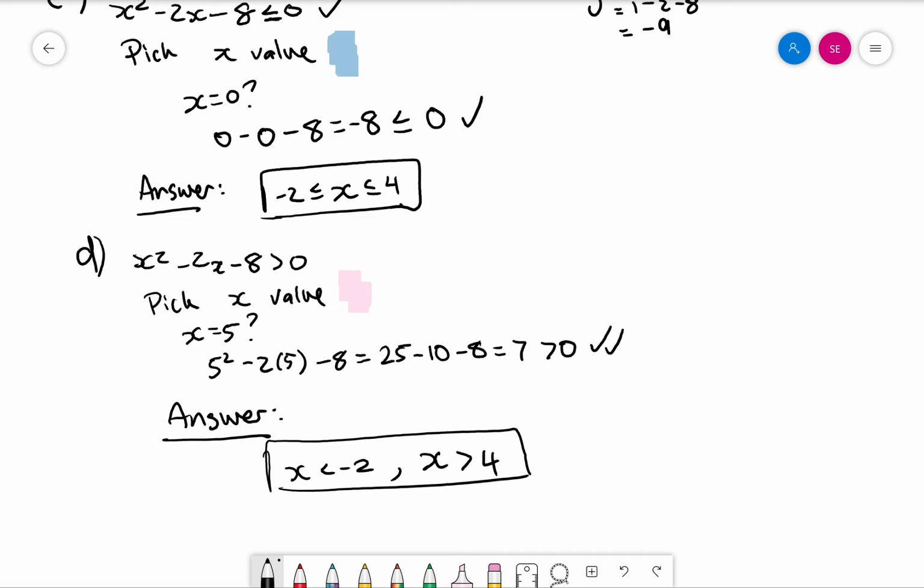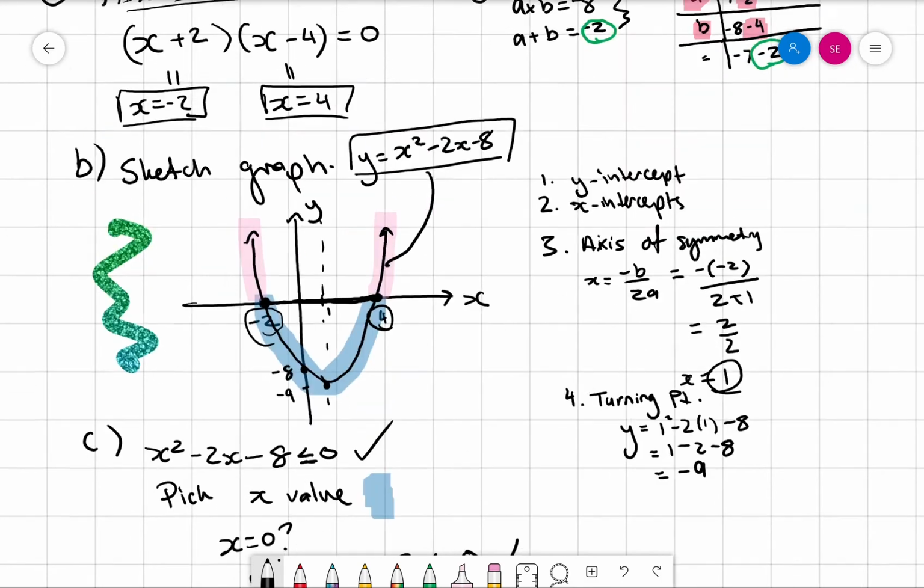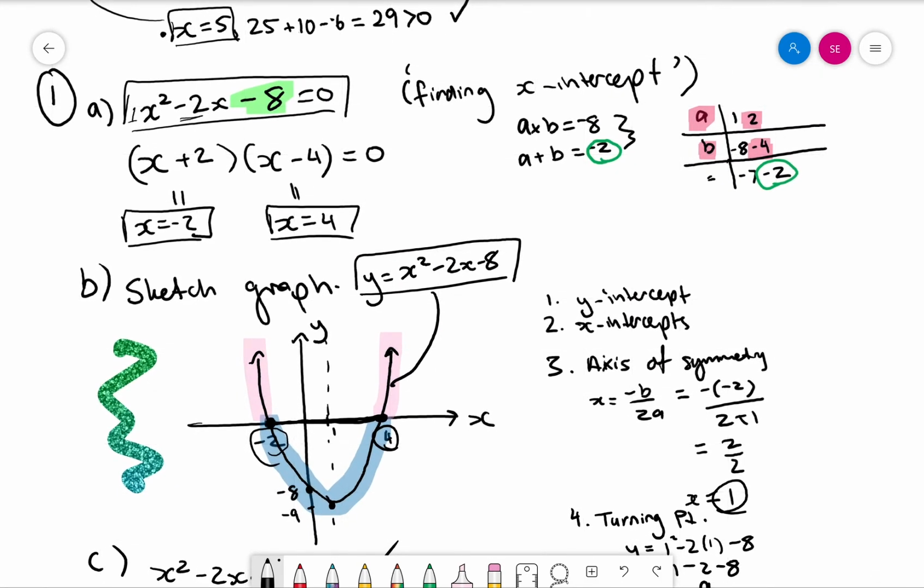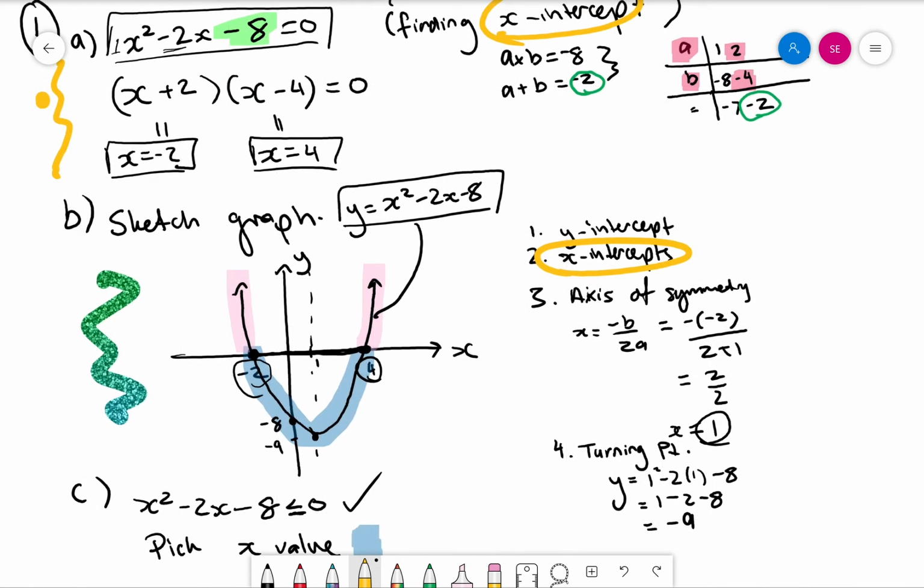Now it seems like a lot to do, but we've been building up our skills in the last few weeks. So your factorization, hopefully you guys are getting pretty good at that at this point. And factorizing, the only thing we're doing here is we're effectively just finding the x-intercepts. And then part B, sketching.